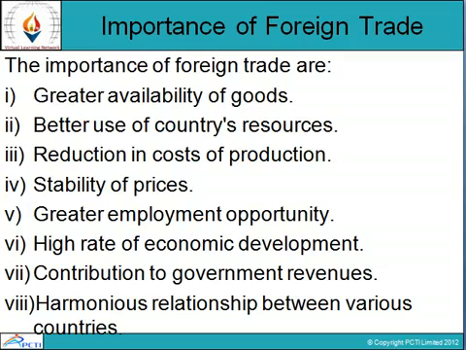Next point is reduction in cost of production. As capital goods and raw materials are purchased from the cheapest source, the overall cost of production goes down, leading to lower prices. Next point is stability of prices.